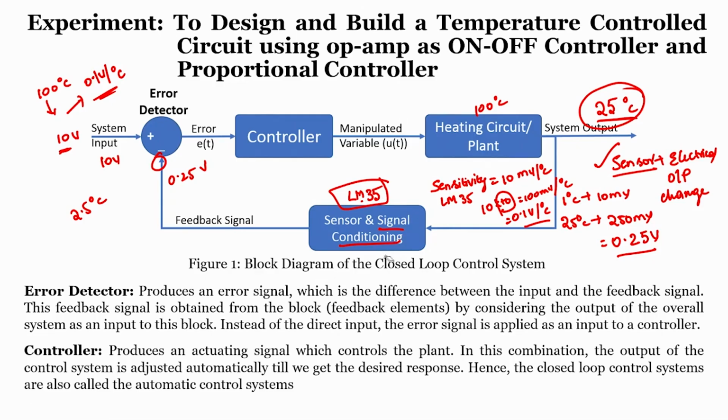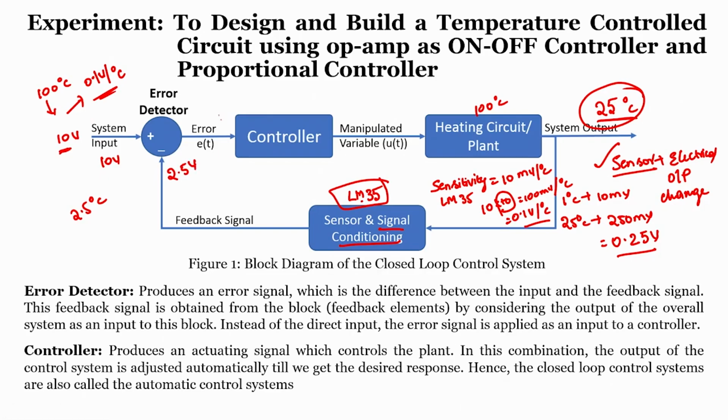The output is nothing but the feedback signal from the sensor, which will be compared with the input signal. Since it is multiplied with a factor of 10, you will get an output of 2.5. Now, what is the difference?